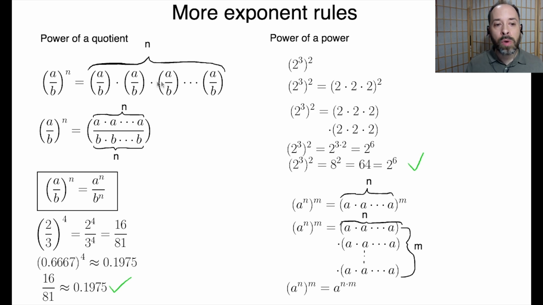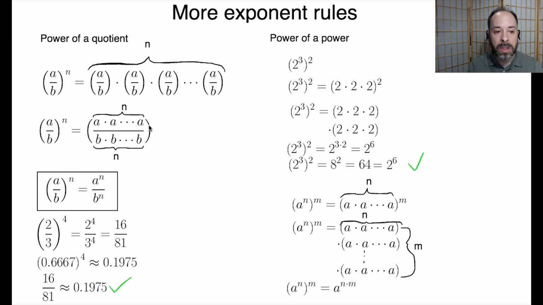But when we are multiplying fractions, the job that we have to do is multiply across top and multiply across bottom. So what we're going to wind up with is n copies of A on the top and n copies of B on the bottom. But guess what?